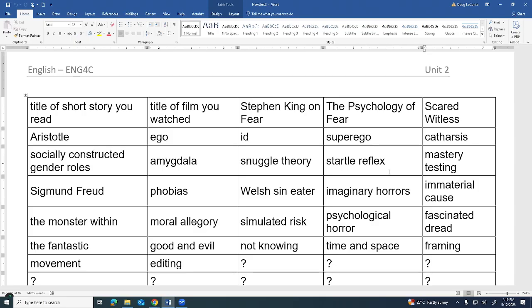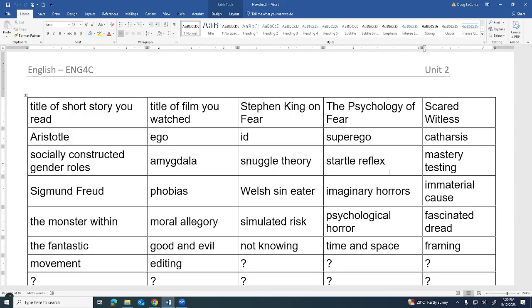Things like phobias or ego, id, superego, they would go more towards the outside because they can be defined by maybe one sentence. They are one object, one thing, like catharsis as well, or the amygdala.